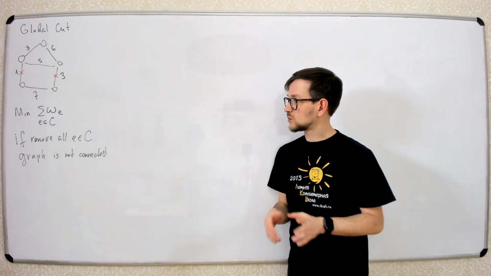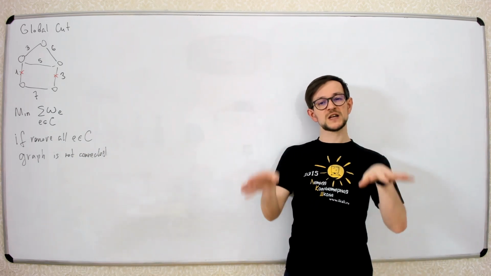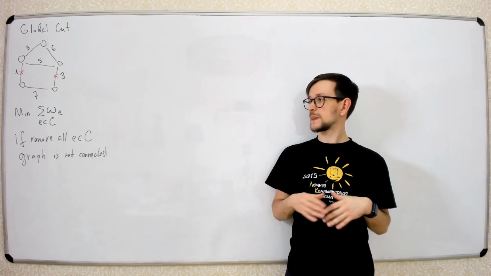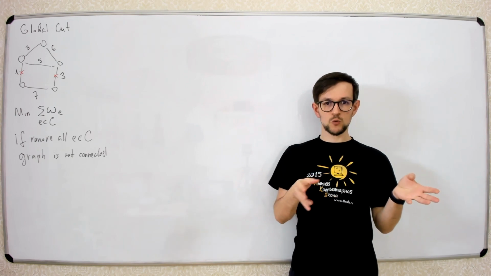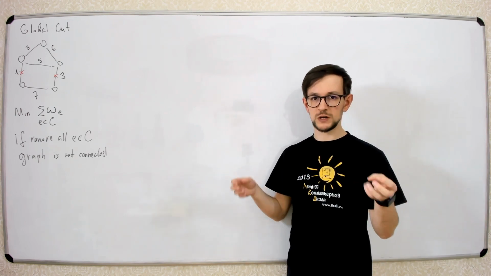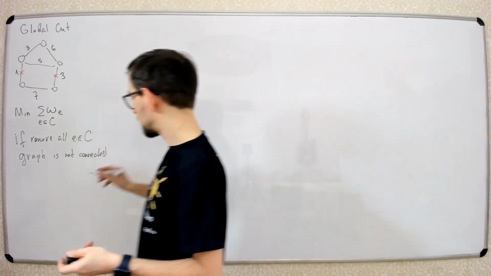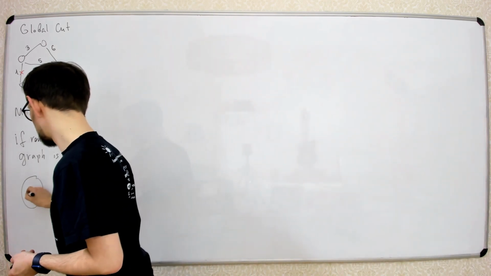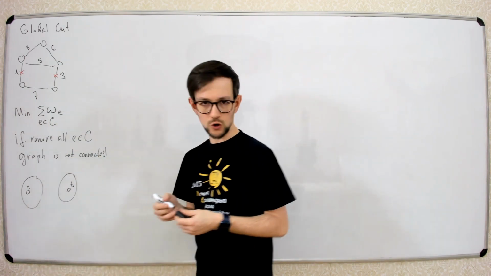Why is it different from the normal minimal cut problem? We've already discussed the minimal cut problem when we talked about flows, right? The difference is that in the normal minimal cut problem, you want to break connectivity between two given nodes. So you have two given nodes S and T, and you want to remove some edges of your graph so these two nodes are no longer connected.